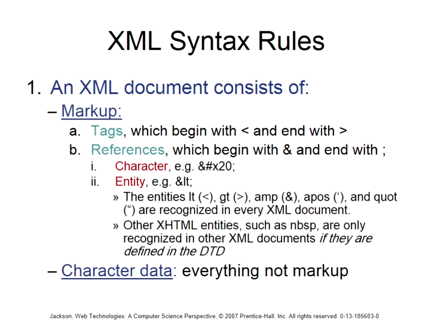The first rule is an XML document consists of two things, markup and character data. Markup can be tags or references, and character data is everything not markup. Tags begin with less than and end with greater than.